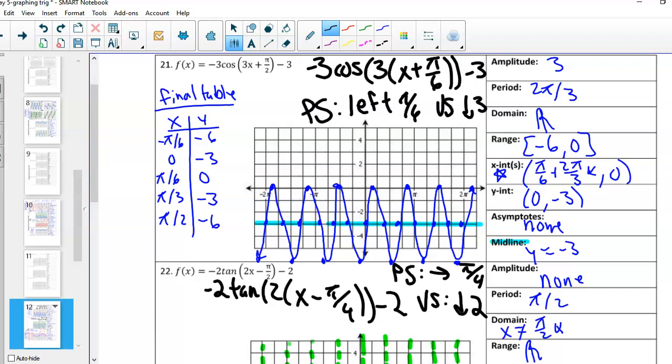After you multiply, then you would subtract pi over 6 to your x's, subtract 3 to your y's, to get that final table. Left pi over 6.